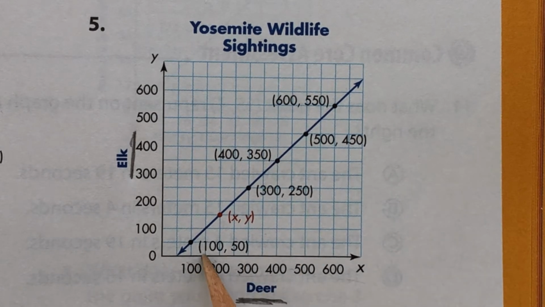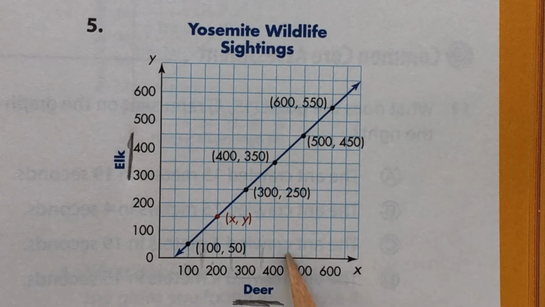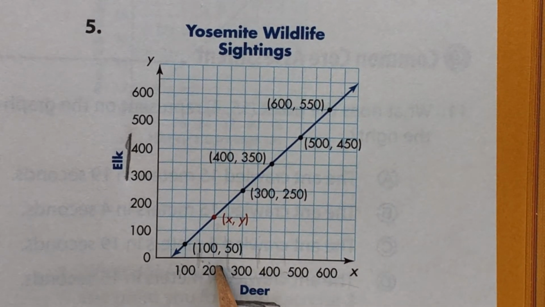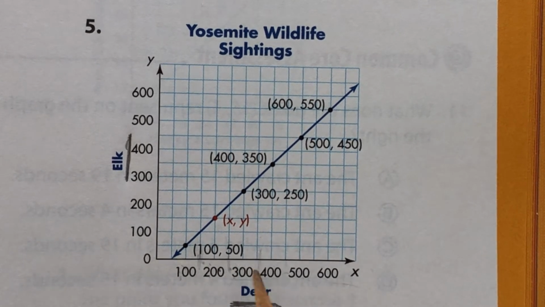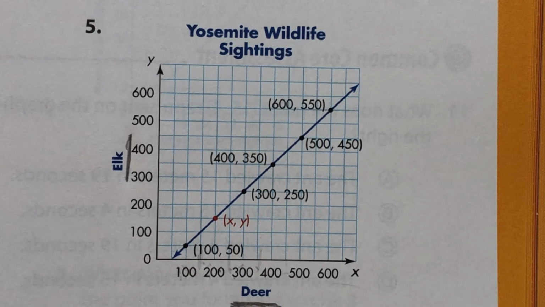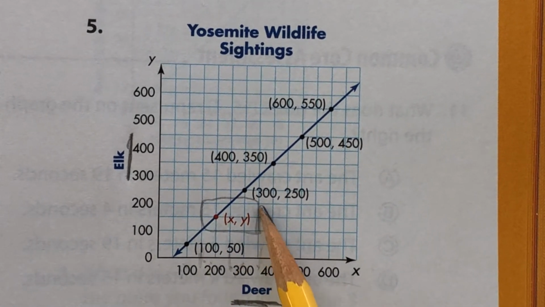So this middle part right here must stand for 50. So 100, 150, 200, 250, 300, 350. So keep that in mind. All right. So what is this XY ordered pair?